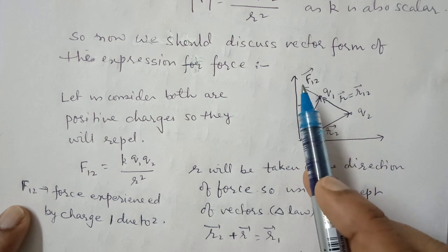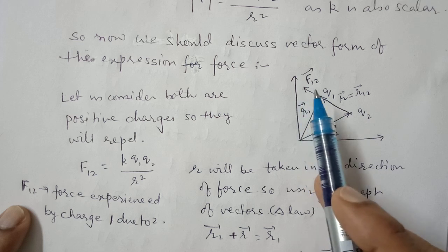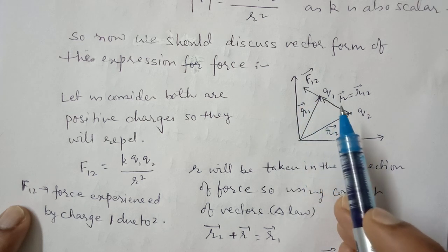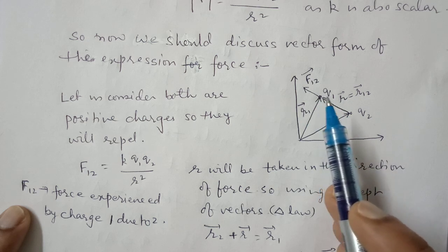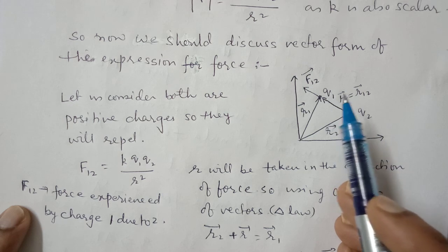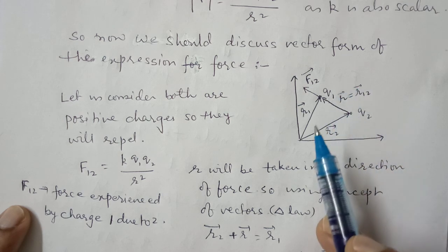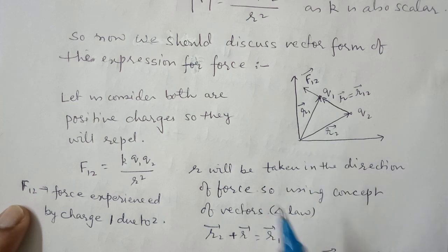That means it is getting a force in this direction. If I show this direction of force with this distance or this vector R, then I can relate this R, call it R12, with the help of the triangle law of vector addition, it will come out to be R1 minus R2.